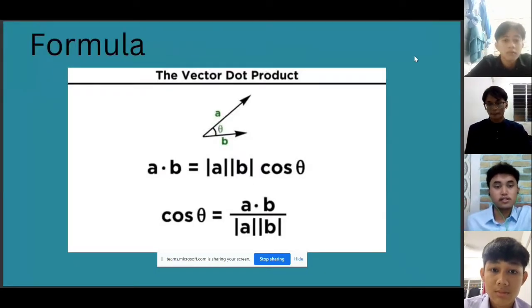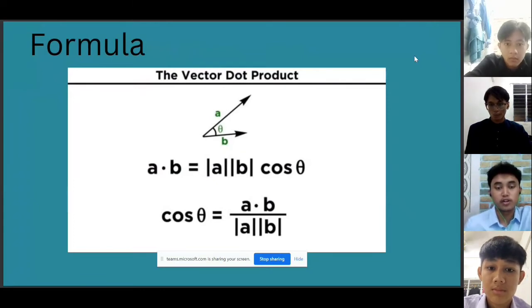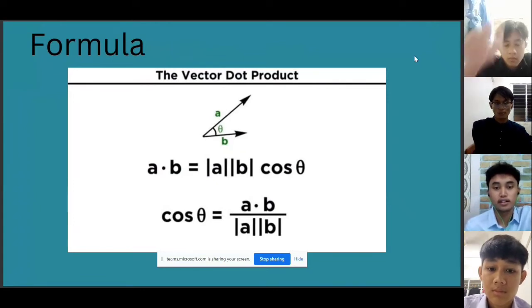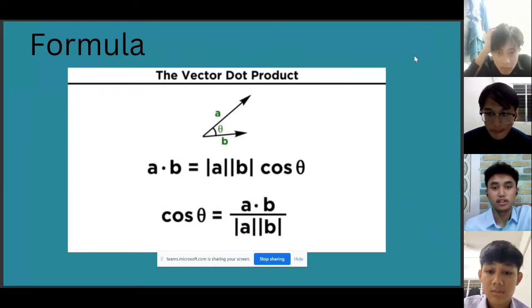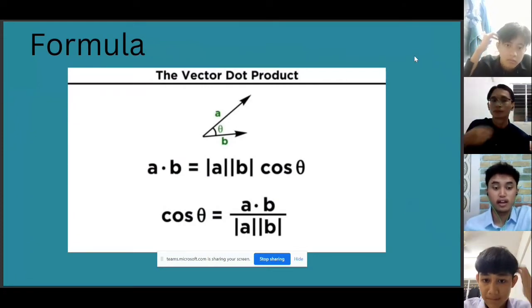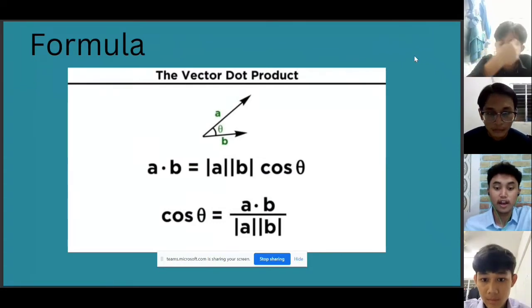Okay, this is the formula that we are going to use to find the angle. The name of the formula is the vector dot product, which is A dot B is equal to the length of A times the length of B times cos theta.